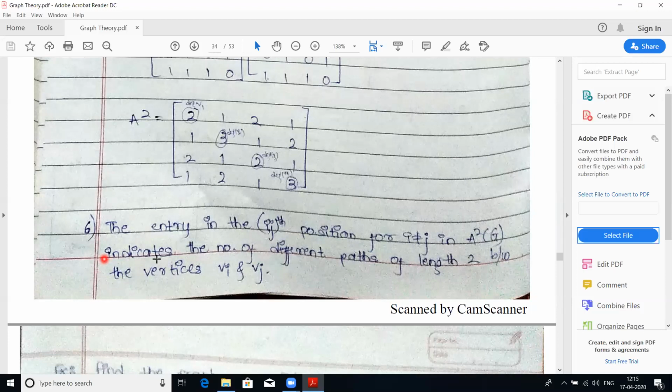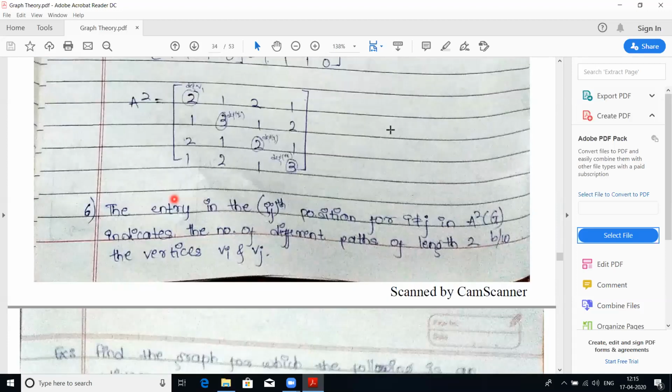In this A square, I will consider the element A32, which is 1. What does that indicate? The number of different paths of length 2 between V3 and V2.